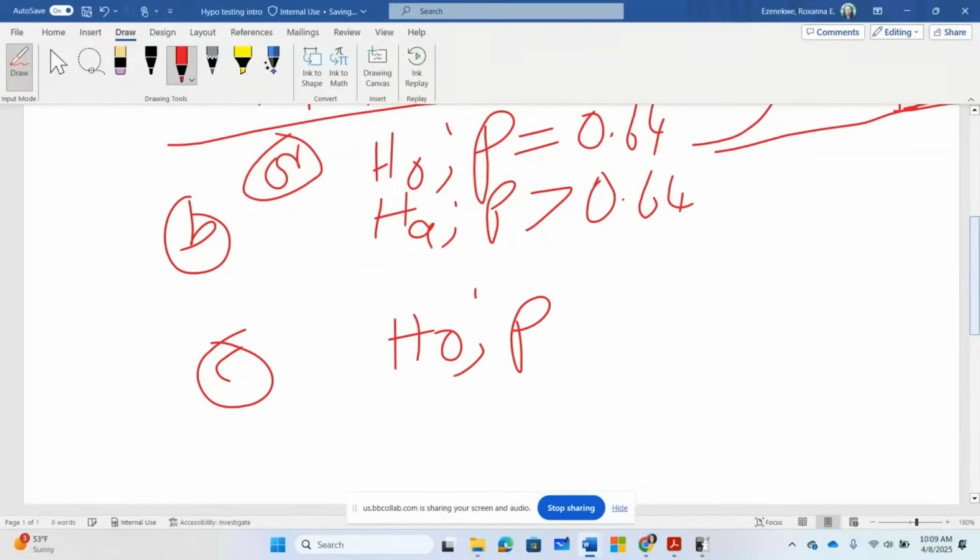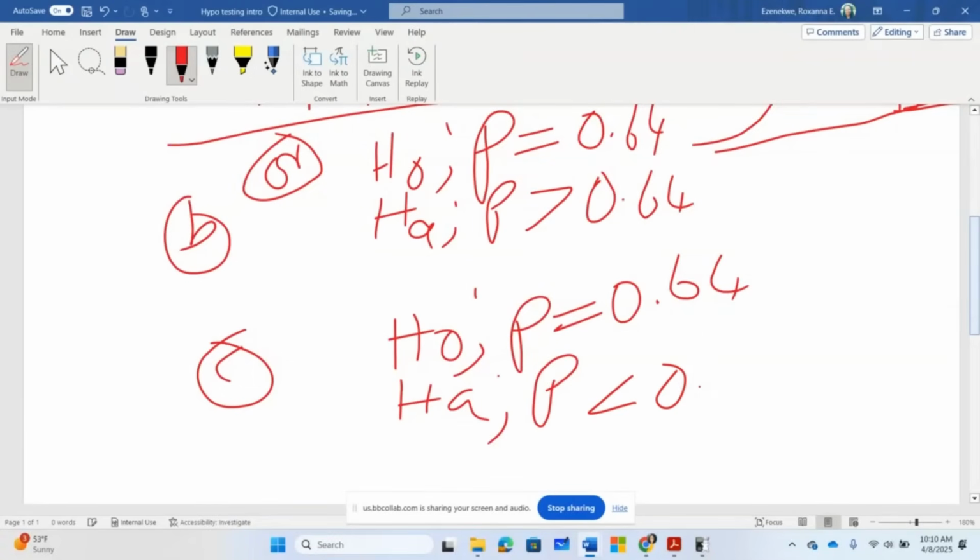The parameter is equal to 64, because the null hypothesis must start with an equal sign. And the alternative hypothesis, this time the keyword is less than. So the keyword is less than 64.